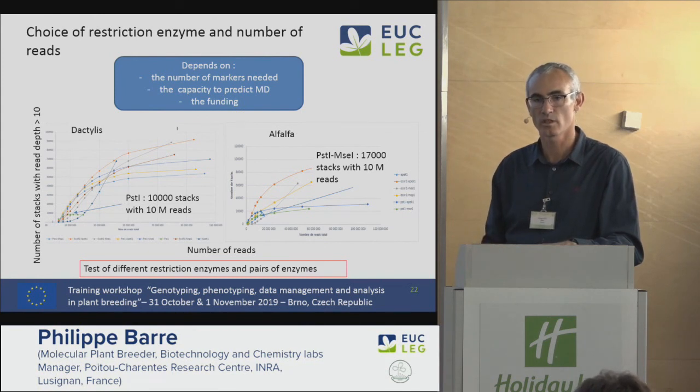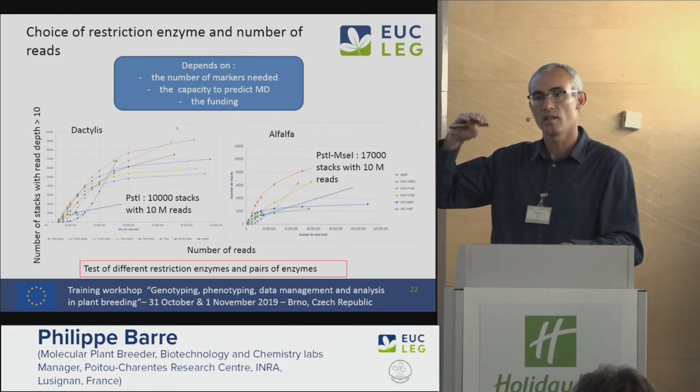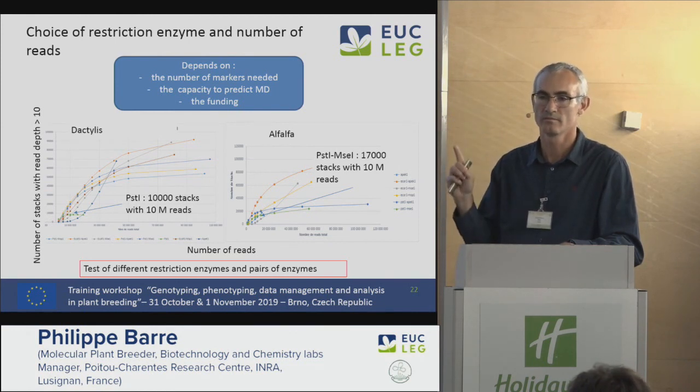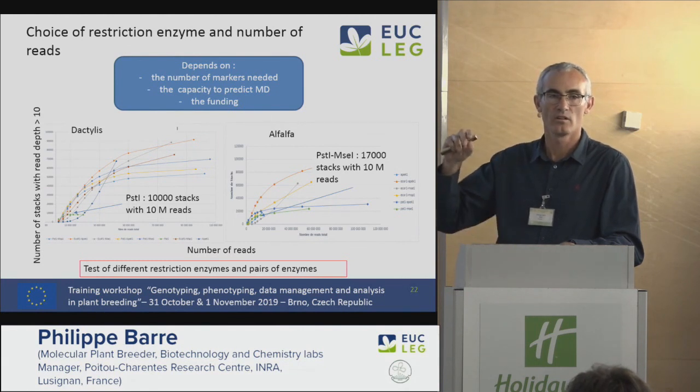And if you look at what people at Cornell do, in fact, they have a lot of missing data. But they know exactly the genotypes they are working with, this is in maize.